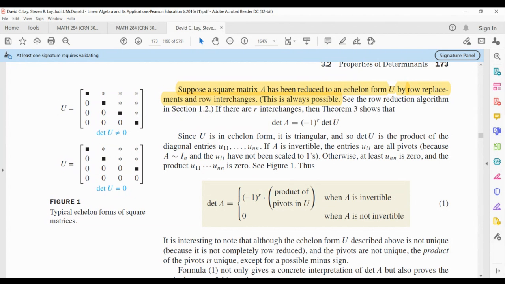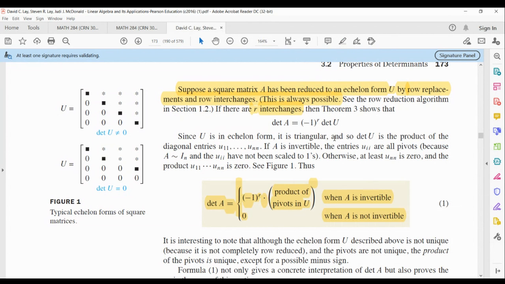If a square matrix A has been reduced to echelon form U by row replacements and row interchanges, this is always possible, then there is a nice formula for computing the determinant of A. The determinant of A is simply -1 to the rth power, where that's if you have r interchanges, times the product of the pivots in that echelon matrix U. We just saw that in the example we did.